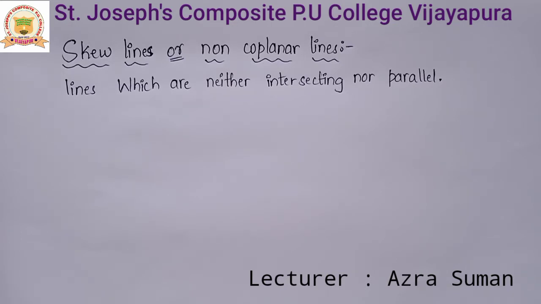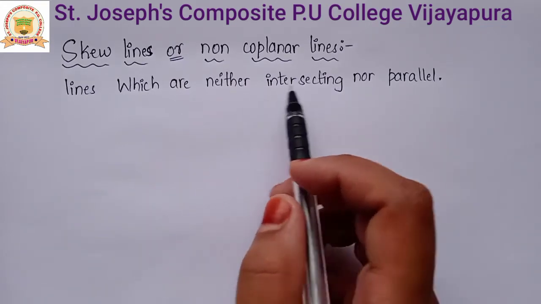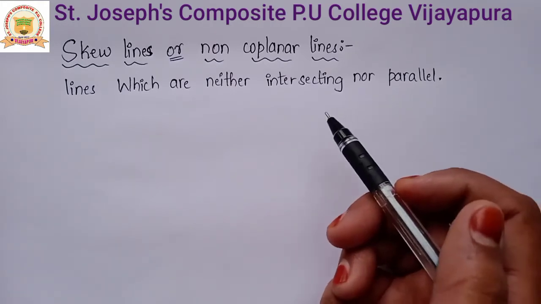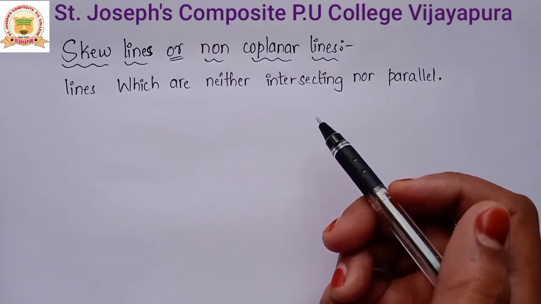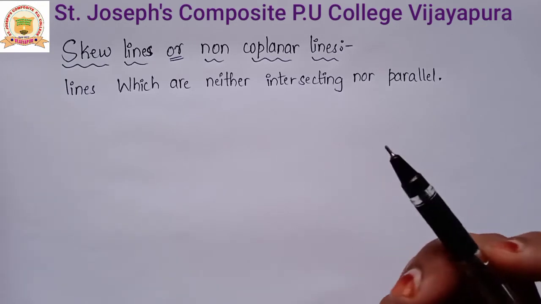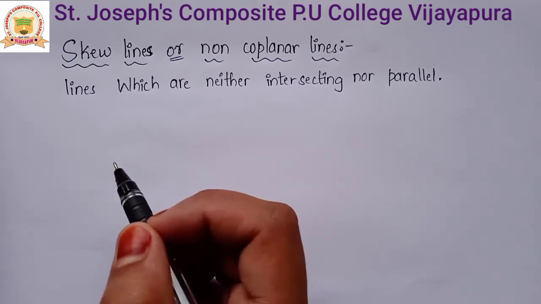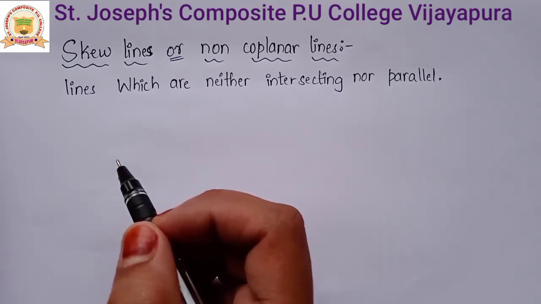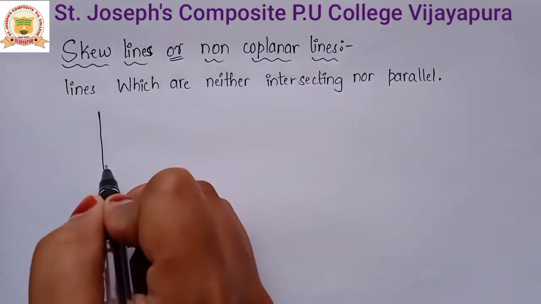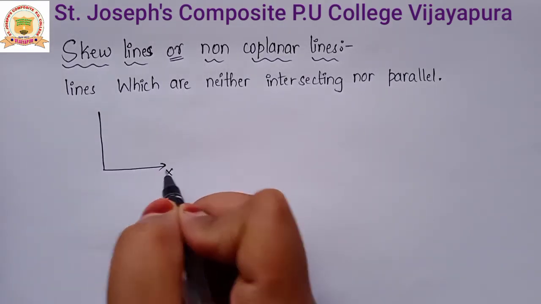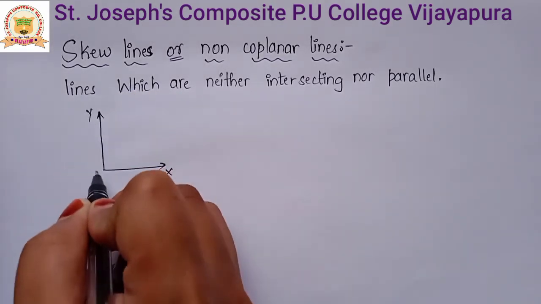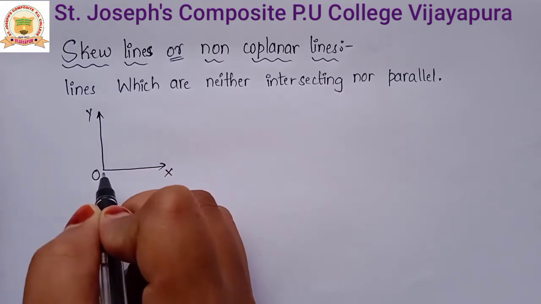Skew lines or non-coplanar lines are the lines which are neither intersecting nor parallel. And when the two lines are in two dimensions, suppose this is your x-axis, this is your y-axis, this is two dimensional.